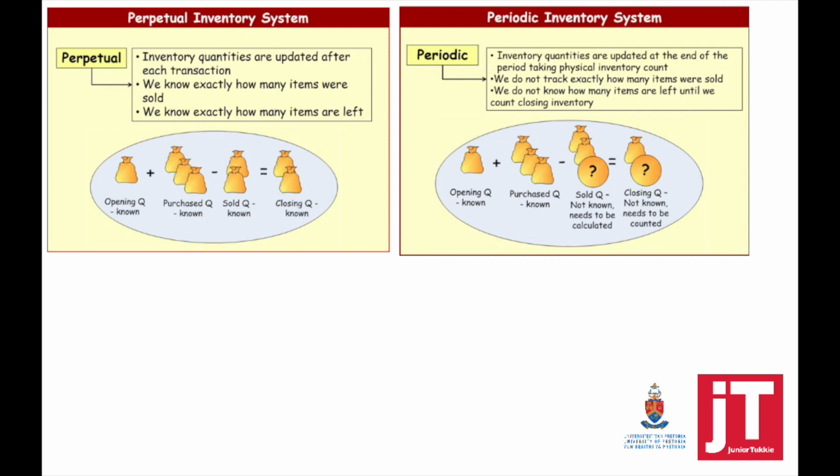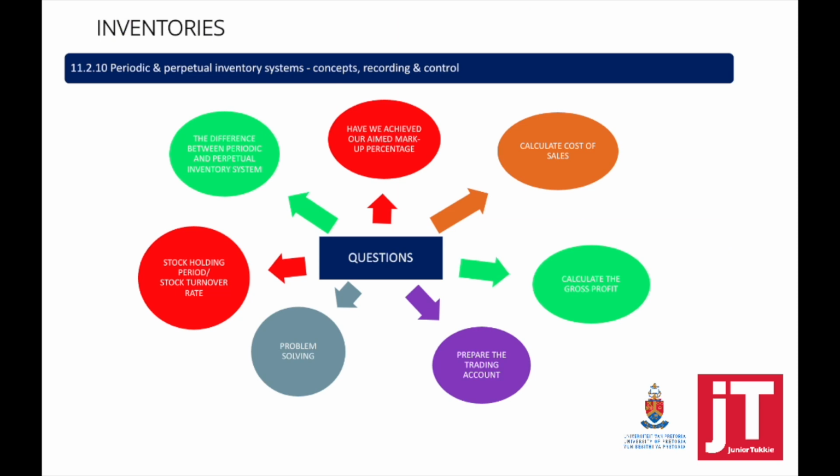Whereas in a periodic inventory system, inventory quantities are updated at the end of the period, taking a physical inventory count. So we have to literally take a physical stock count to see how much we have left over. We do not track exactly how many items were sold. We do not know how many items are left until we count the closing inventory. So this is the difference between the two systems.